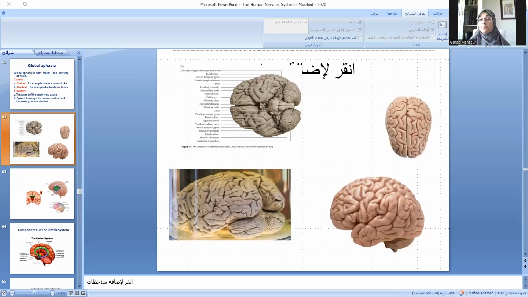And that's why when a person has a brain stroke that affects the brainstem, but without being fatal, without affecting the breathing center and the heart rate center, they might have difficulty swallowing, for example. They don't have this coordination of swallowing, so they might have nasal regurgitation, for example, because of absence of this reflex. They cannot swallow.